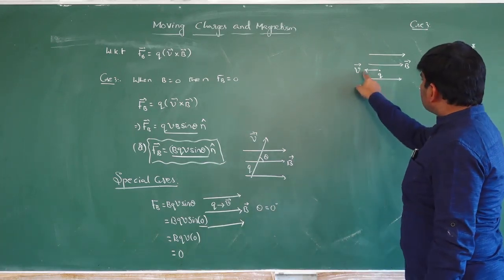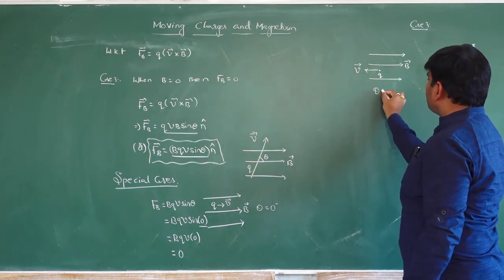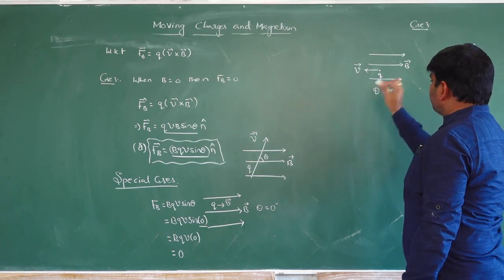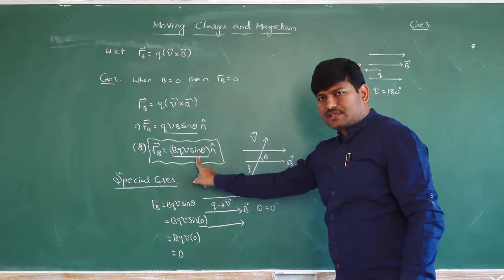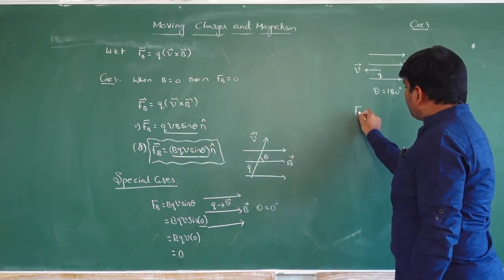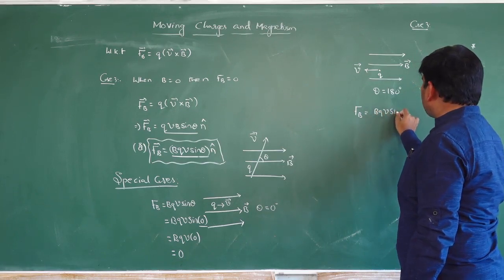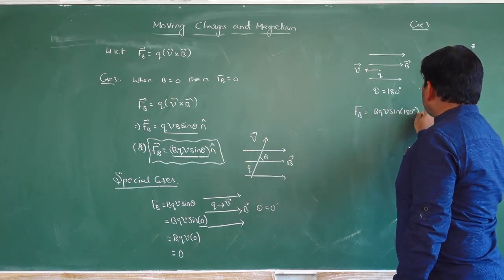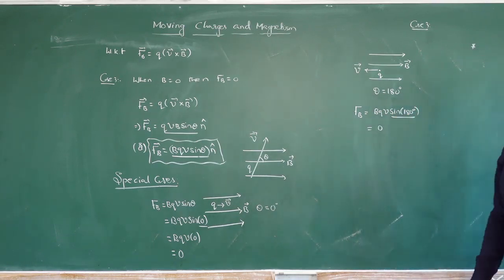Here, velocity vector and magnetic field vector are anti-parallel to each other, therefore theta is equal to 180 degrees. Theta being 180, sin 180 is equal to 0, therefore magnetic force is equal to 0. So, F is equal to BQV sin 180, which is equal to 0 because sin 180 is equal to 0.